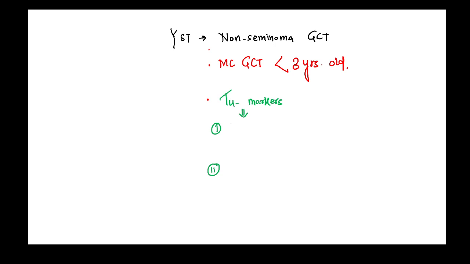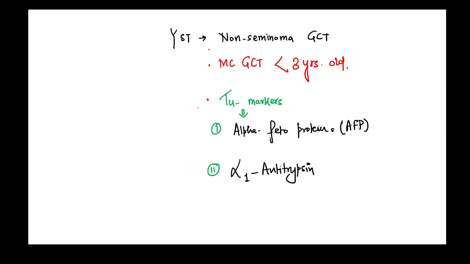These two tumor markers are, number one, alpha fetoprotein, in short we write AFP, right? And second one is alpha 1 antitrypsin. So please do remember this.